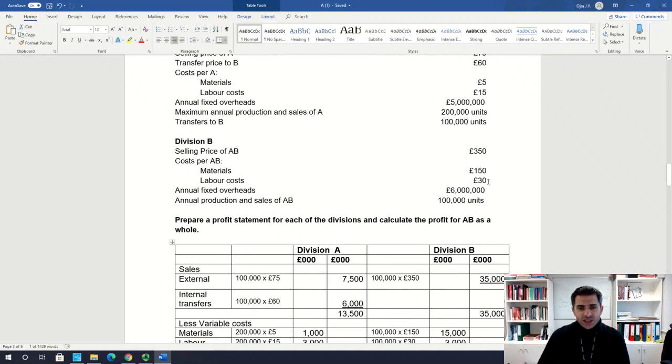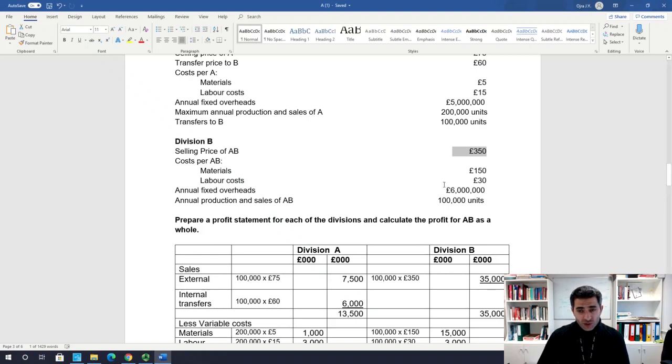So we have £350 selling to the external market. B has all the materials, finishes the product, and sells it externally at £350.